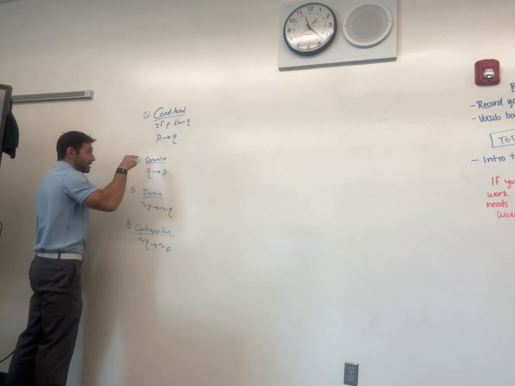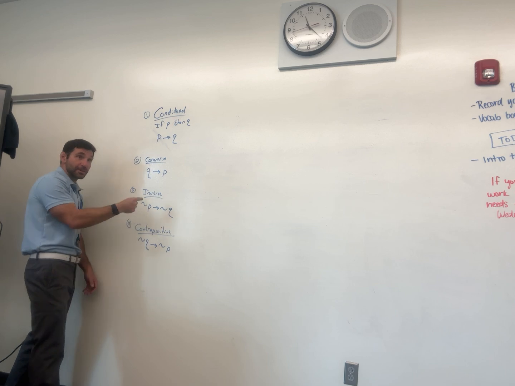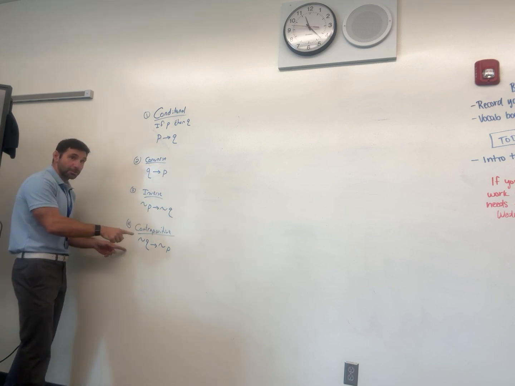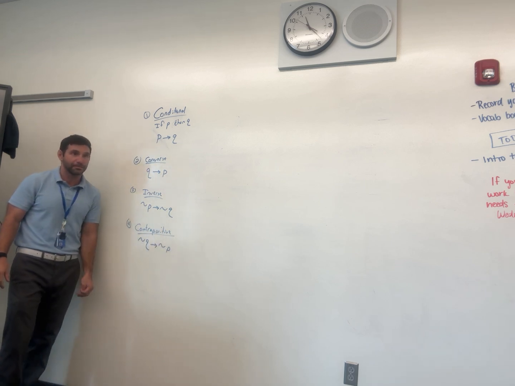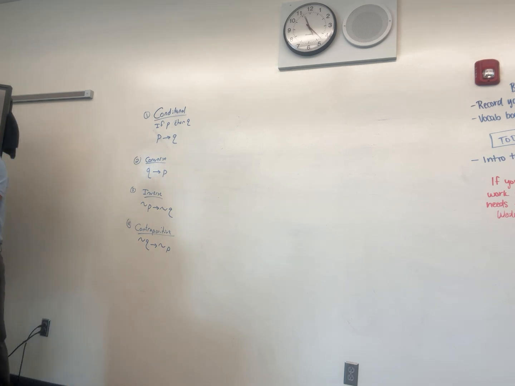The converse would be, if I get good grades, then I studied for the test. The inverse, if I do not study for the test, then I do not get good grades. The contrapositive, if I do not get good grades, then I do not study for the test, or did not study for the test. So, this is kind of the review from yesterday.